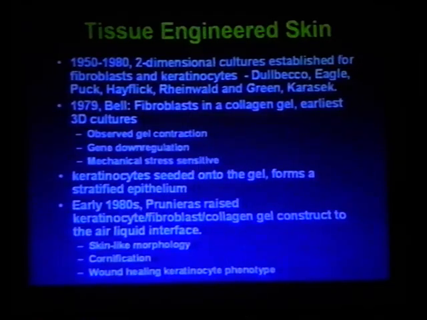When fibroblasts are cast in a collagen gel, the fibroblasts contract the collagen gel by about 95%. At the same time, we now know that there's a great downregulation of genes. The cells downregulate collagen genes and proliferation. I'll show you that in a moment. And the cultures become mechanical stress sensitive.